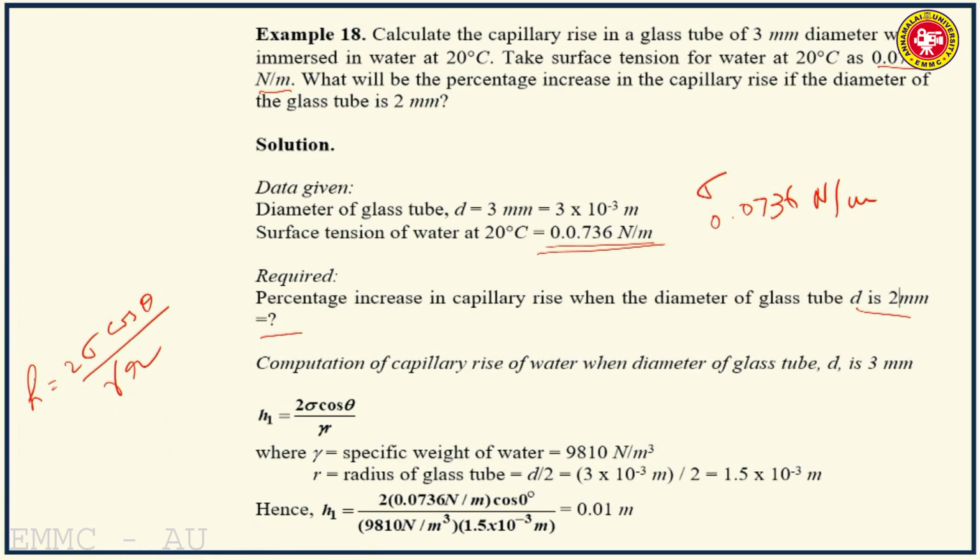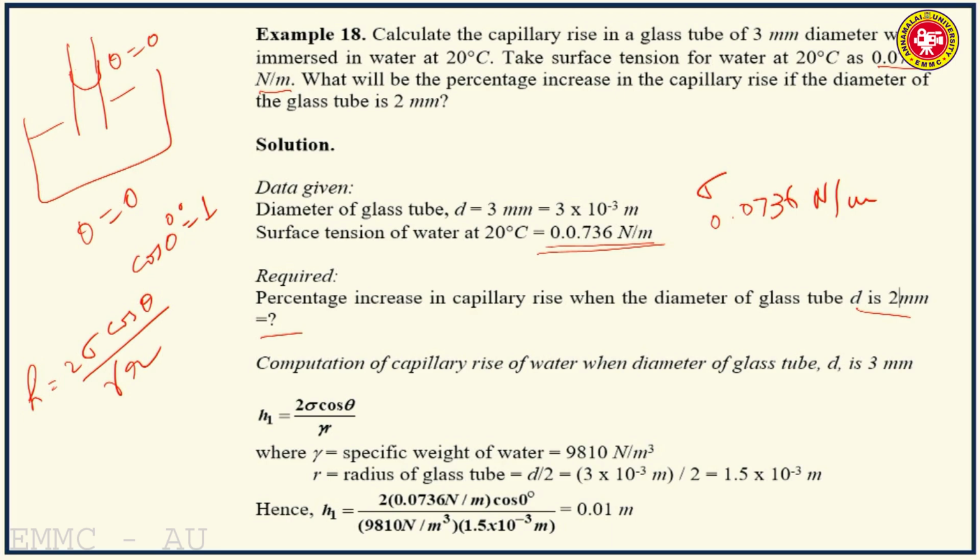For water in contact with glass, as we discussed yesterday, theta is 0, the meniscus is concave downward, and the angle of contact is 0. So what is cos 0? Cos 0 is 1. Sigma is given.